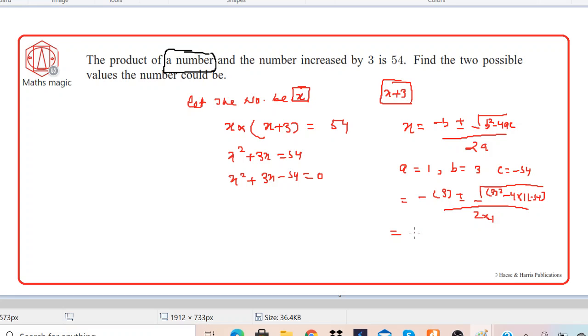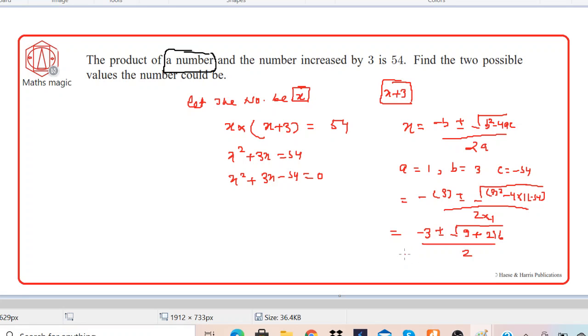Okay, let's simplify this. It's minus 3 plus minus root of b square, which is 9, and minus into minus is plus. Now 54 into 4 is 216, and then the whole thing divided by 2.